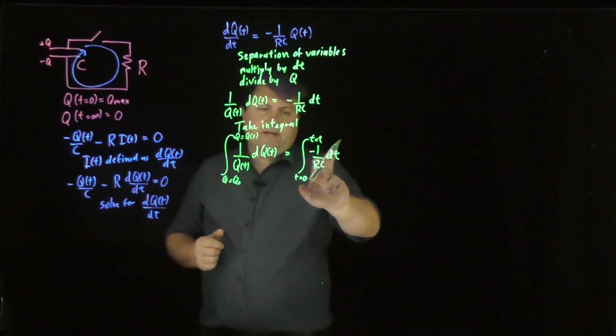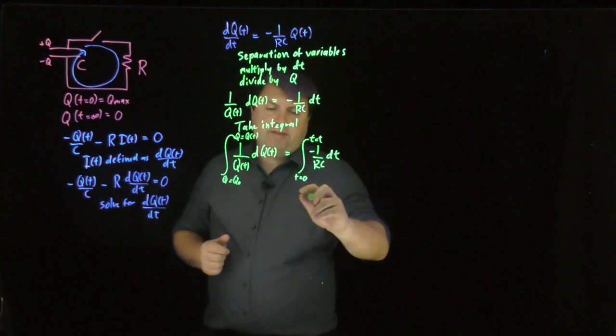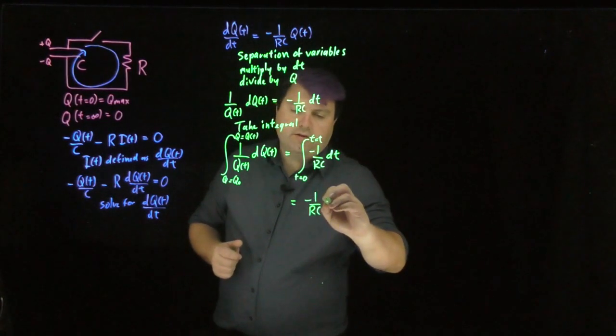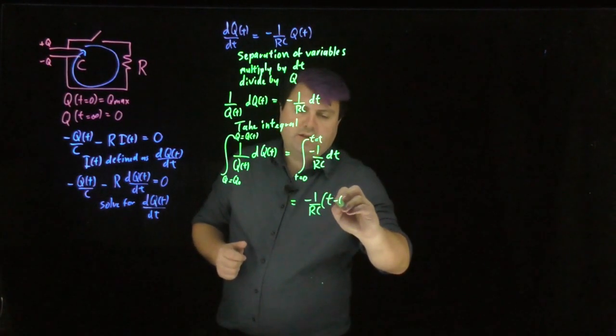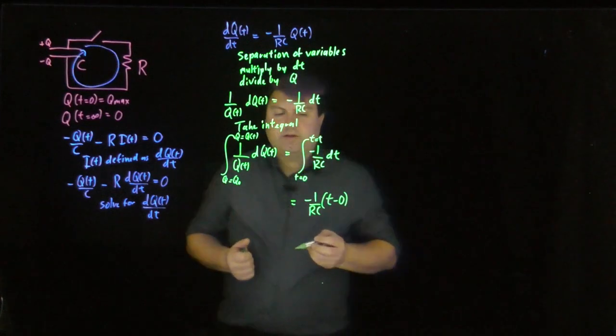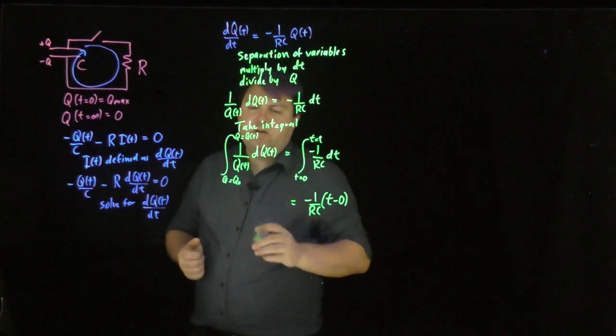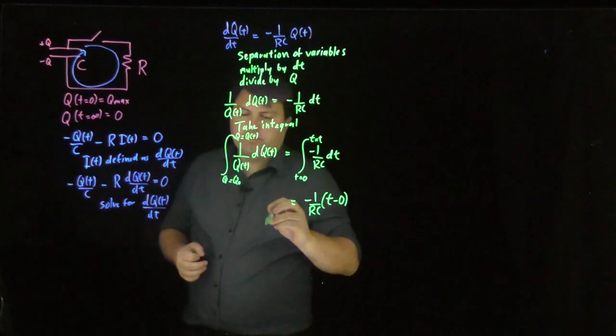Well, this side is really easy, right? We only have dt, so this is negative 1 over RC times t minus 0, or we can just say t. Here, we have that this is 1 over Q, so that gives us a natural log.